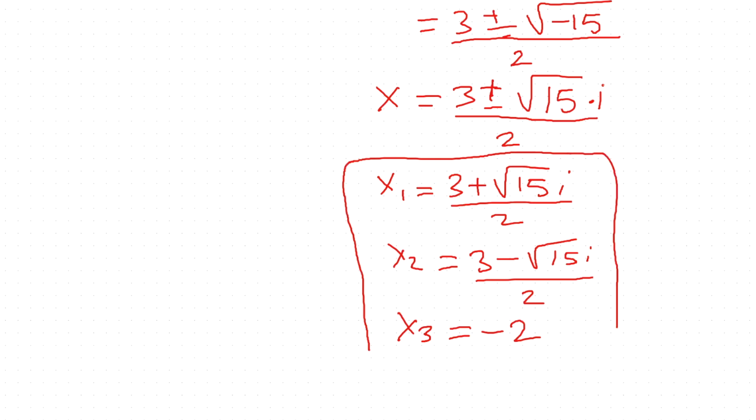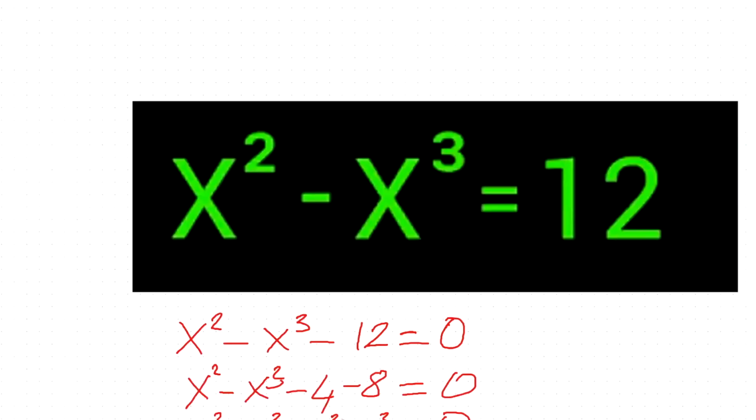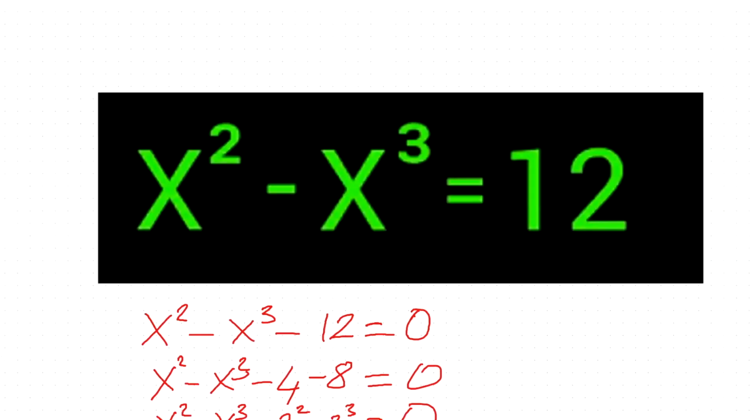If you go ahead and substitute, for instance, negative 2 for the value, you will see that negative 2 squared is 4, and negative 2 squared is 8, but negative 8 times negative is positive. 4 plus 8 gives you 12.